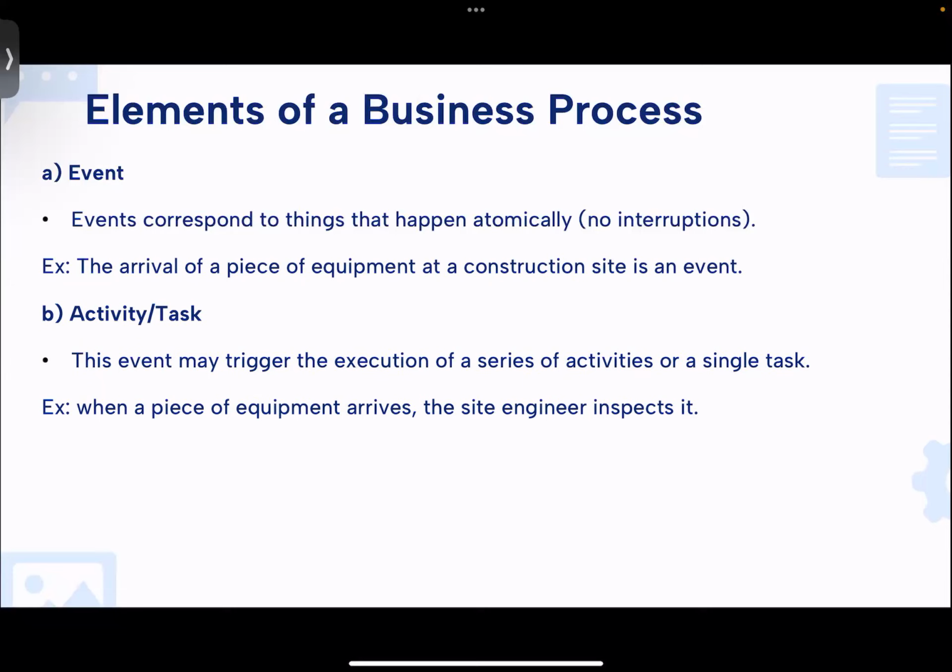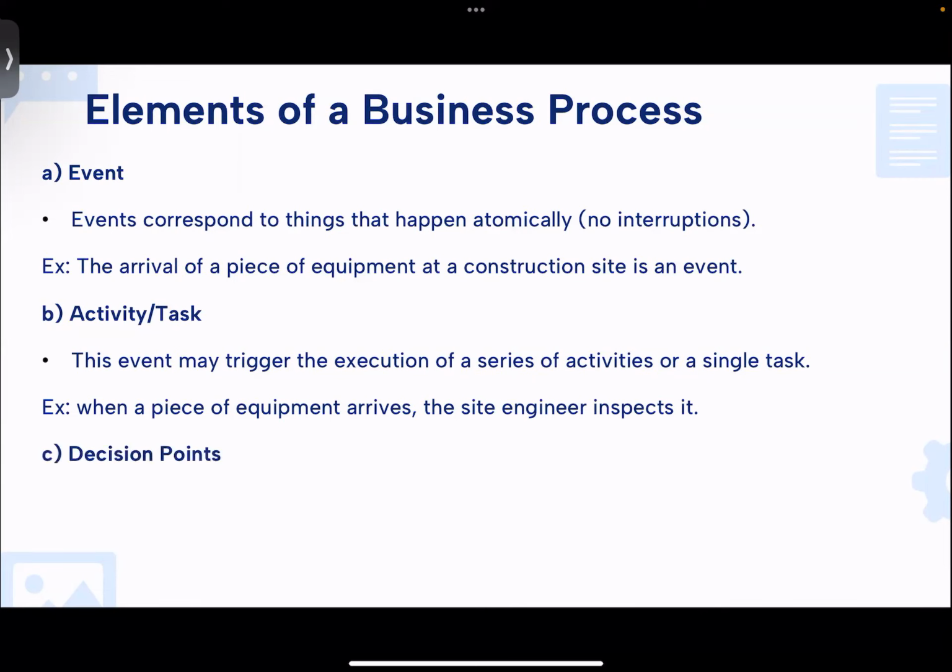If you have a series of activities, for example, we have to check the POs, send it to the labs and take a sample, we call that an activity. So an activity includes a series of tasks, and a task means a single task that we have to do. For example, if the equipment arrives, we only have to inspect it. If within the inspection you have a series of tasks to do, it is known as an activity.